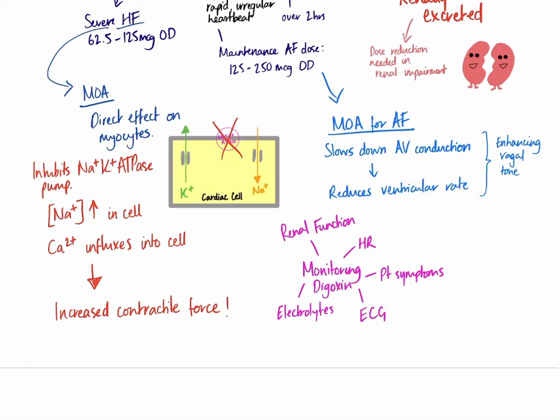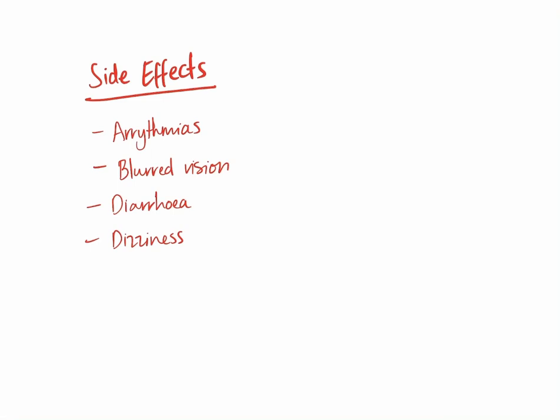And about the electrolytes, they're important to monitor because changes in certain electrolytes can cause an increase in digoxin toxicity. The side effects usually include arrhythmias, blurred vision, diarrhea, dizziness, and in toxicity these side effects can worsen.